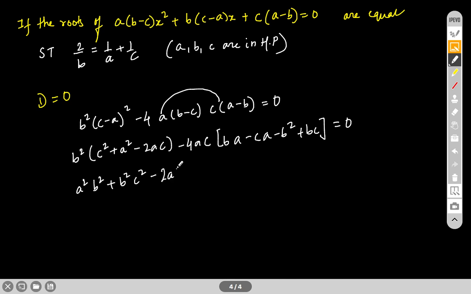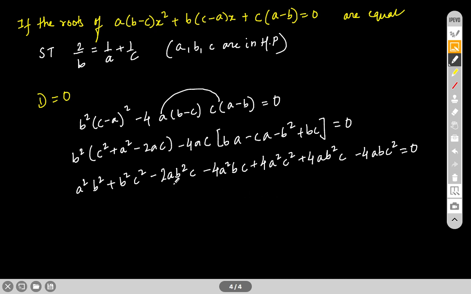Minus 2a b square c. This will give you minus 4a square bc plus 4a square c square plus 4a b square c and minus 4a b c square. Just check some terms are getting modified.